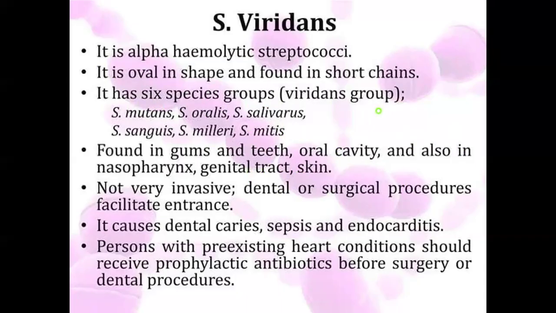What will happen is you'll have a dental procedure. The Streptococcus mutans will enter the blood and find its way to the heart. If you had a defective heart, let's say a heart valve problem, or you had rheumatic fever, or something wrong with your valves, the bacteria will form vegetations on your heart, then you're going to get endocarditis.